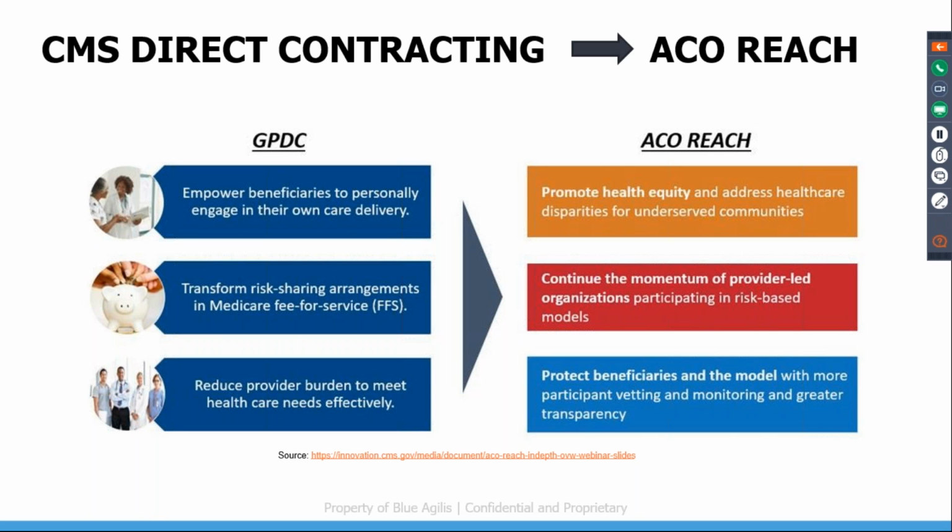And like Tamara had indicated, it stands for Accountable Care Organization, Realizing Equity, Access, and Community Health. CMS wants to work with partners who share their vision and values for improving patient care. The goals of the redesigned ACO REACH model are to improve quality of care and care coordination for patients in traditional Medicare, especially for patients in underserved communities.